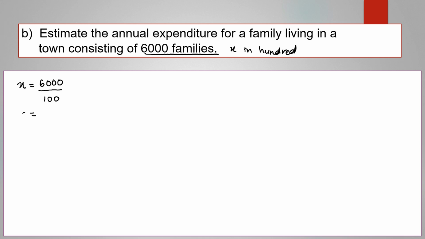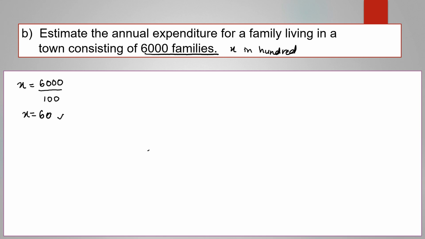So, we will get our actual X would be equals to 60. We cannot use 60,000 because our unit for X is in 100. So we need to change in 100. That's why we have our X is equals to 60.